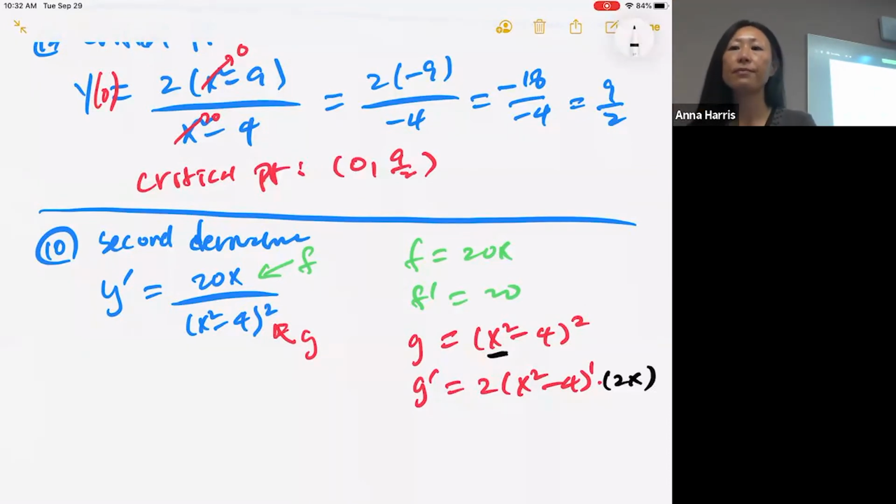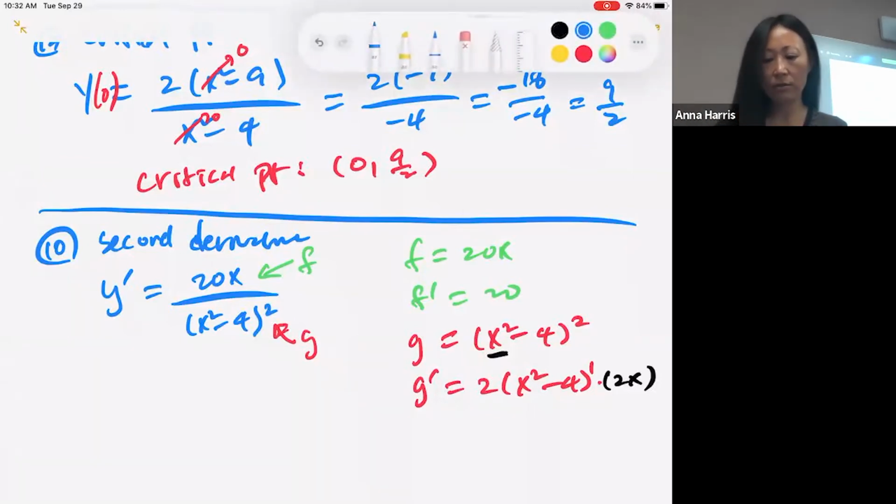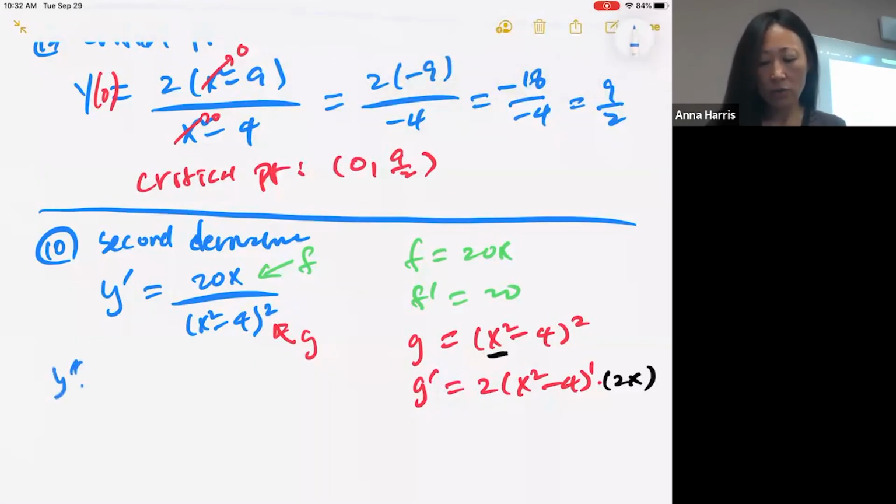rule. Now I'm going to plug it back into our formula for the quotient rule. The quotient rule is what? g times f prime minus f times g prime, everything over g squared. That's what I'm doing.